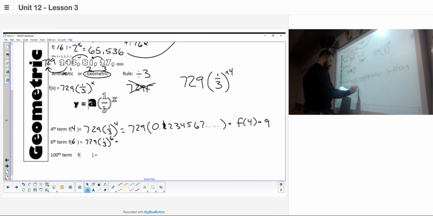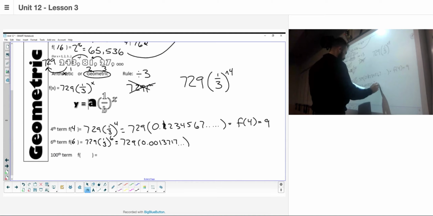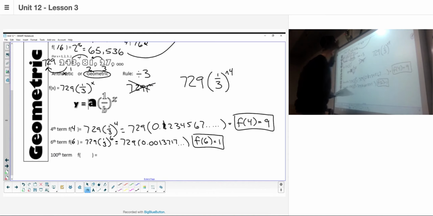Again, calculator, 729 times 0.001317 dot, dot, dot. We're going to get f of 6 equals 1. Let's try our 100th term.